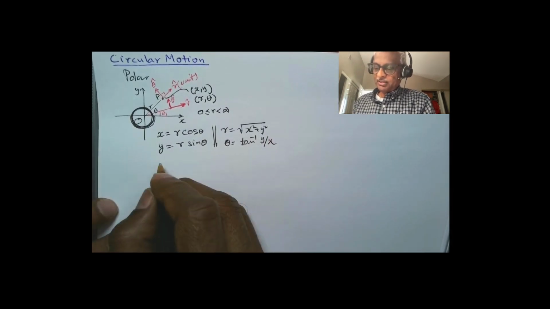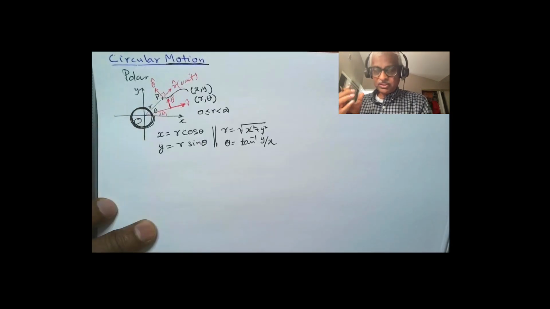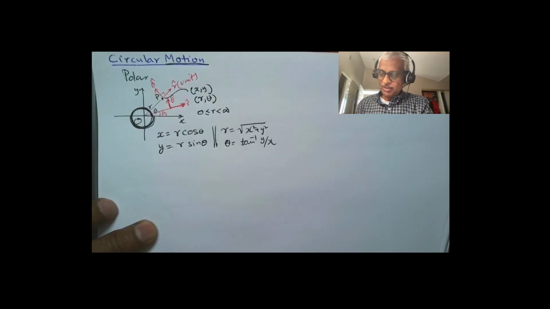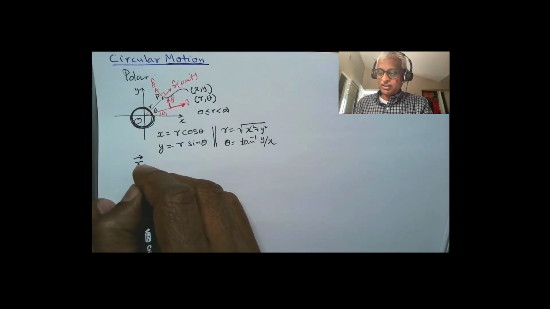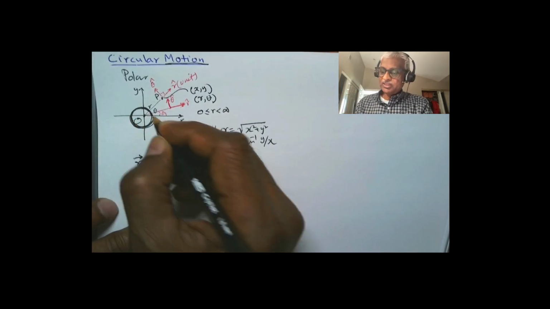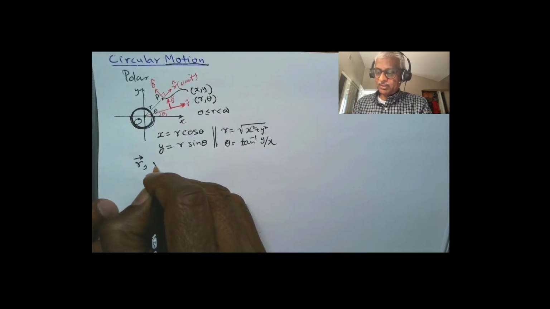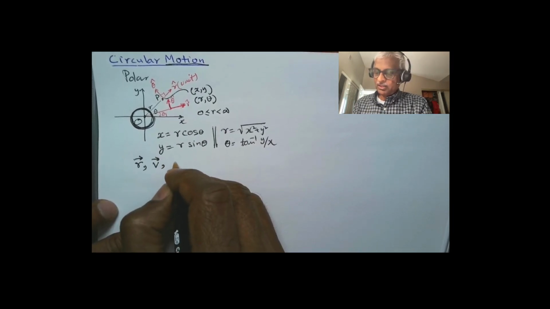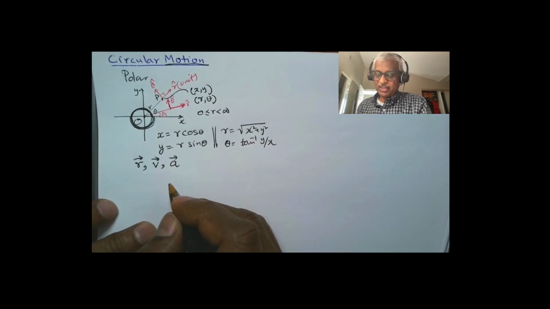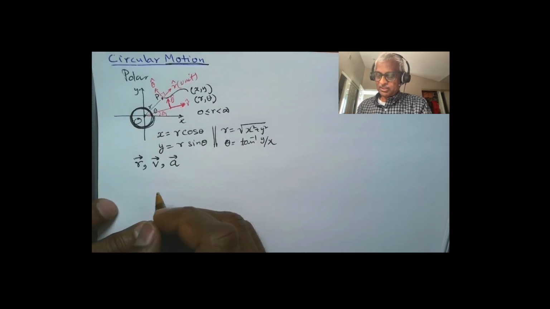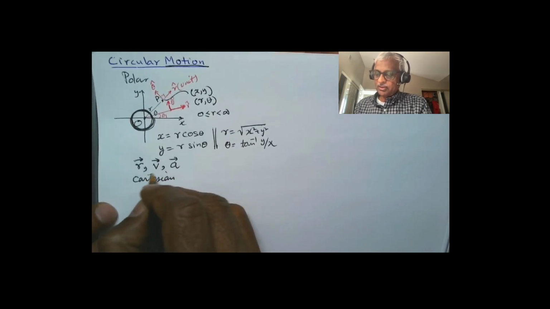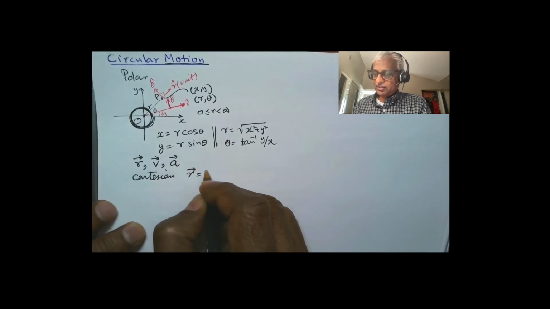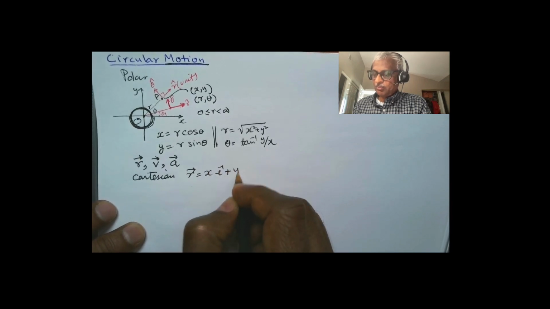Now the kinematics. When talking about motion, first you should know how to describe the kinematics. There are fundamental vectors: you have a position vector, which is the position with respect to O, a velocity vector, and an acceleration vector. You should know the formulas for these in whatever coordinate system you want to use. For instance, in Cartesian, r is x i hat plus y j hat.